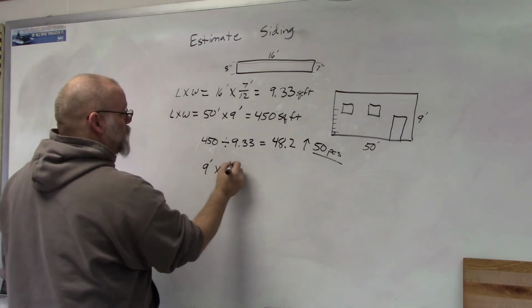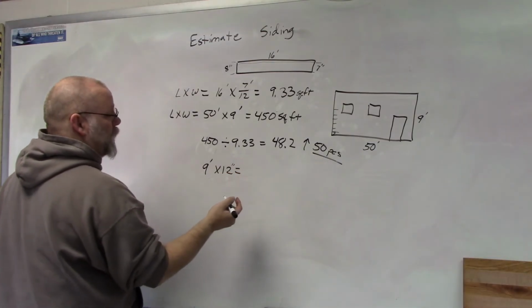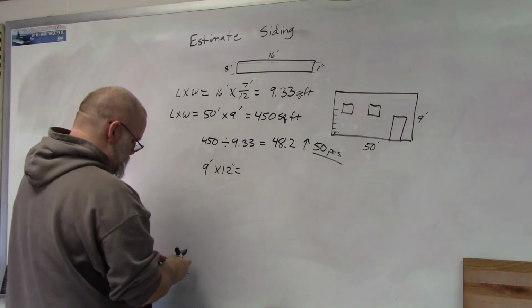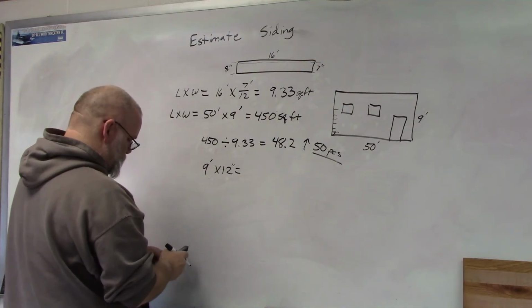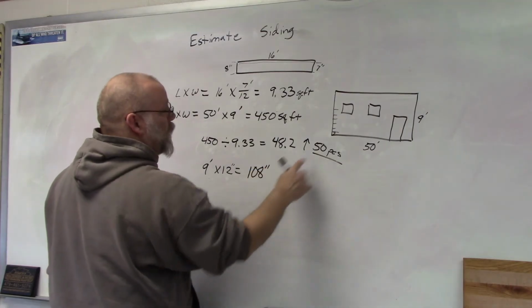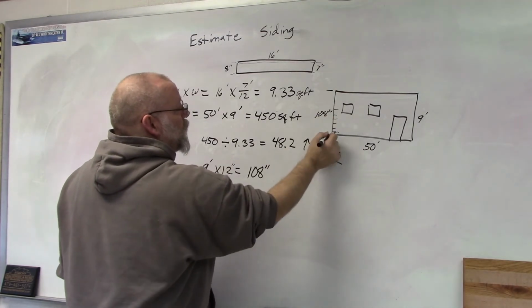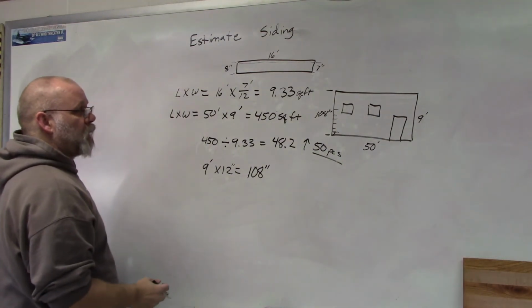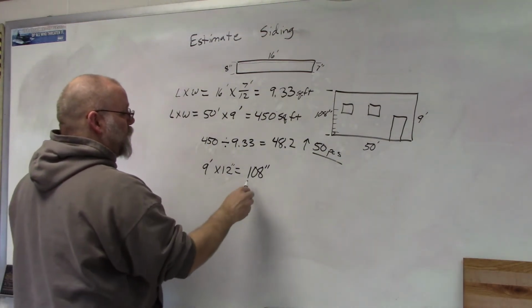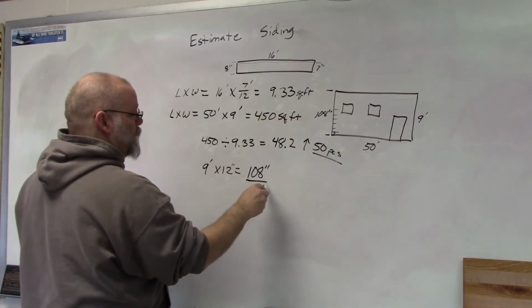So 9 feet times 12 inches will give us, brain dead, 12 times 9 is 108 inches. So this is 108 inches from here to there. Then we're going to divide that by our exposure, which is 7 inches.